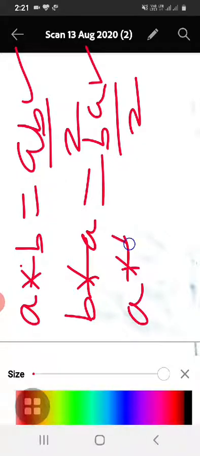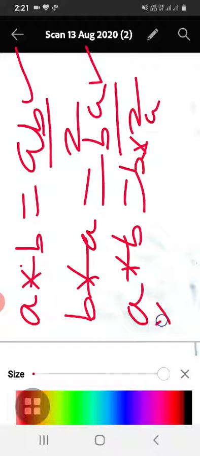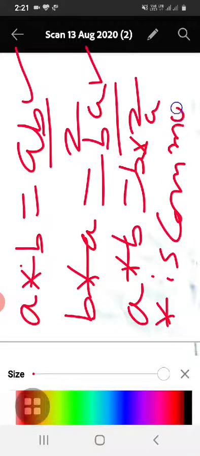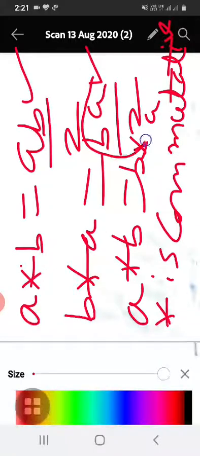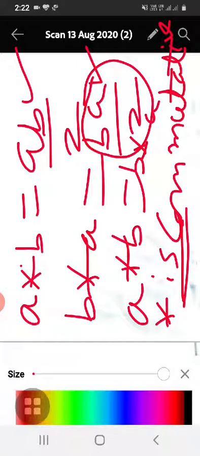So in this case a star b is equal to b star a. Therefore star is, so we have to write it completely here, star is commutative. So ab by 2 gives the same answer, ba by 2 also gives the same answer. Therefore star is commutative. See here, star is binary and star is commutative.